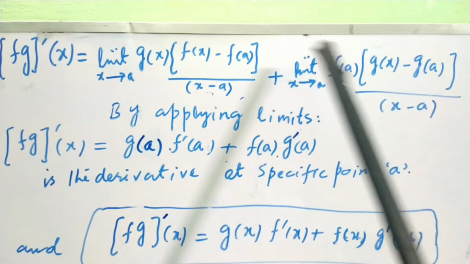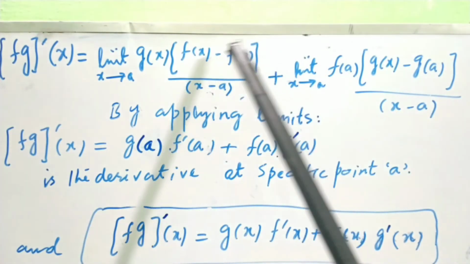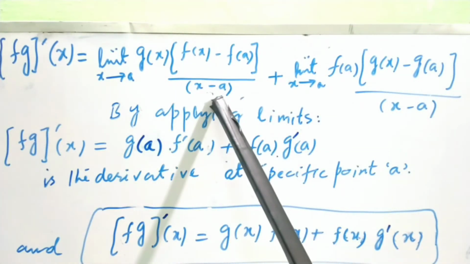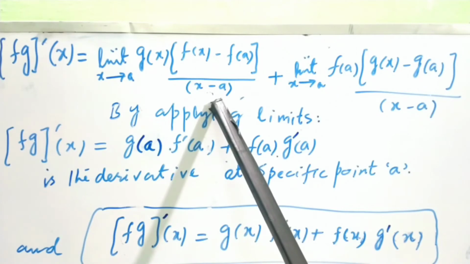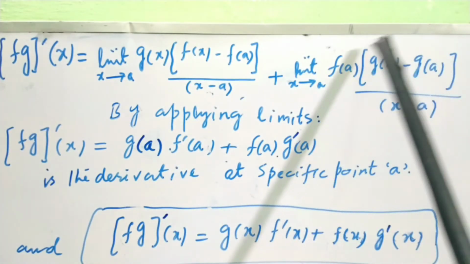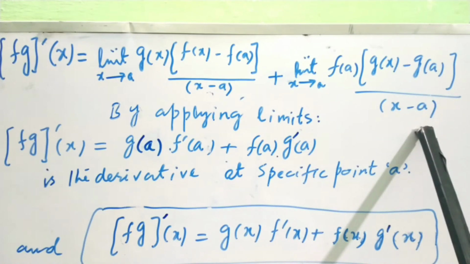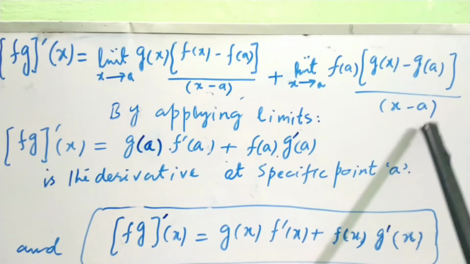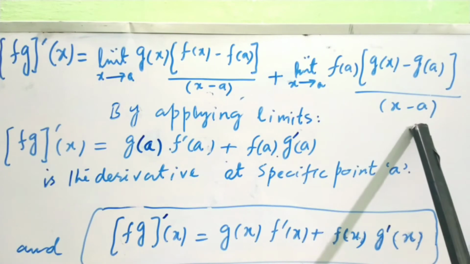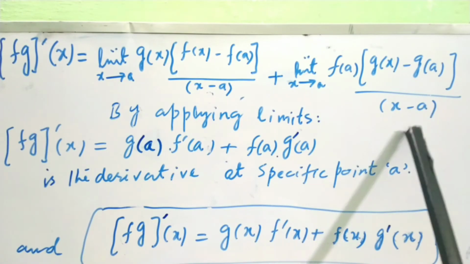If we look at these two forms, [f(x) minus f(a)] divided by x minus a is the first principle derivative of f(x). And if we see this form, [g(x) minus g(a)] divided by x minus a, this is the first principle derivative of g(x).